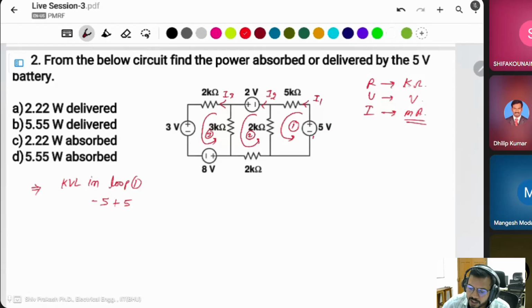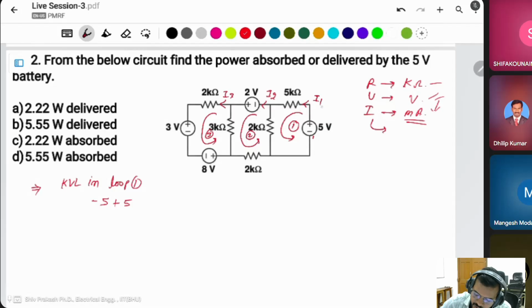Don't try to write 5000 ohm or 2000 ohm. If all are kilo ohm resistors, simply take kilo ohm only. Then you get the current in milliampere. That's important. That's why I write directly.